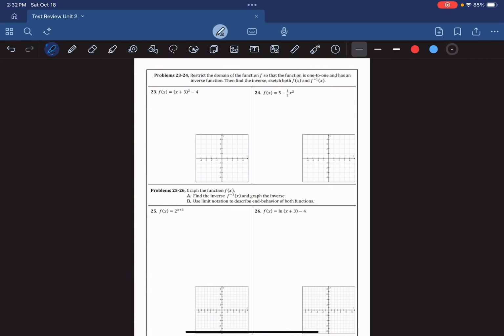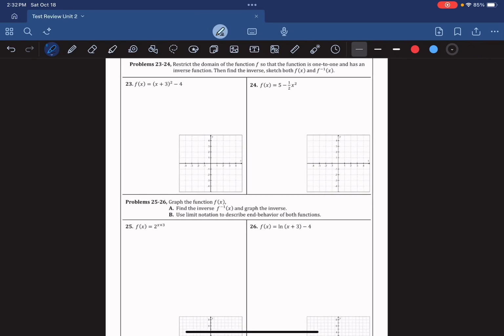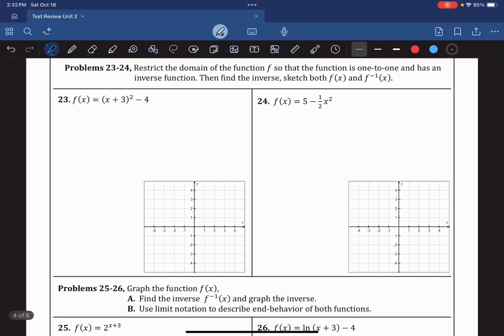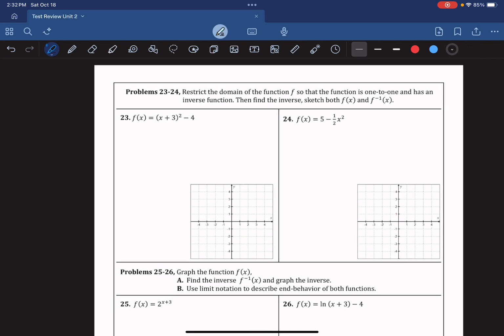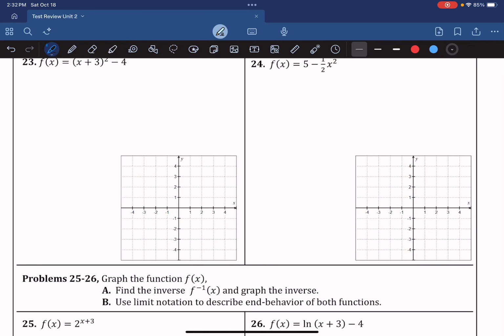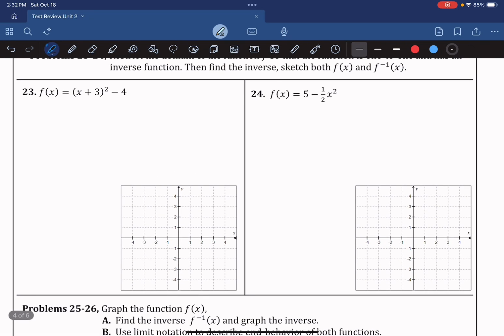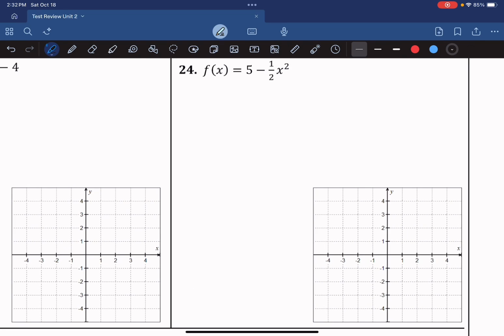Alright, so this one wants you to draw the function and the inverse. I'm going to draw these really roughly because I just can't draw a perfect graph freehand. But let's start with this one. So, negative half x squared plus 5.